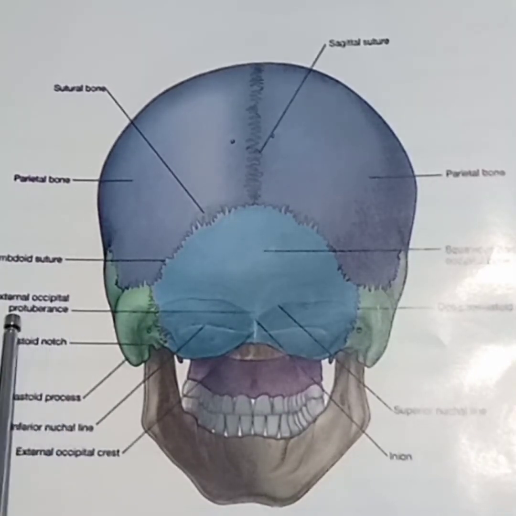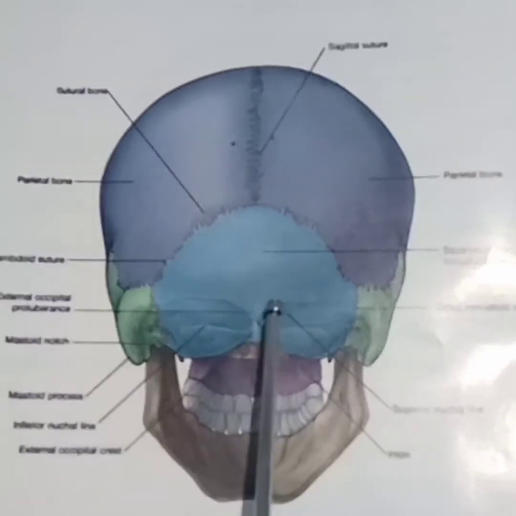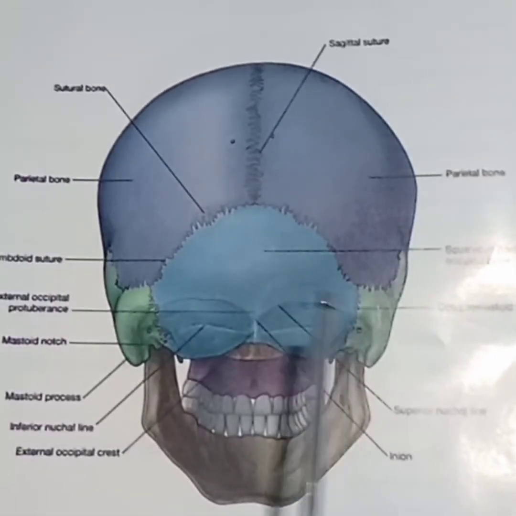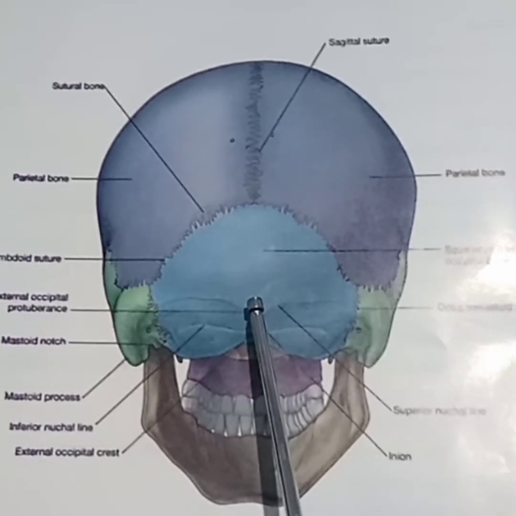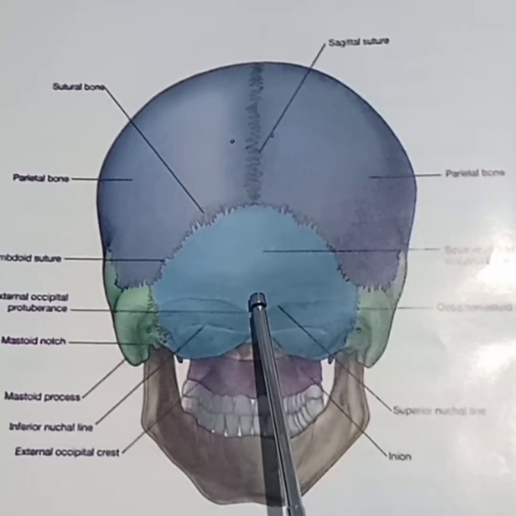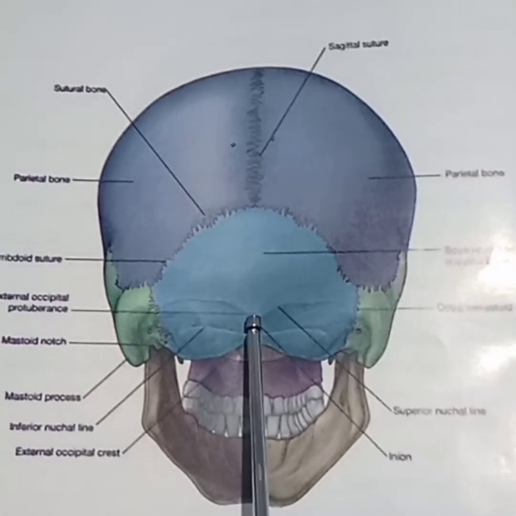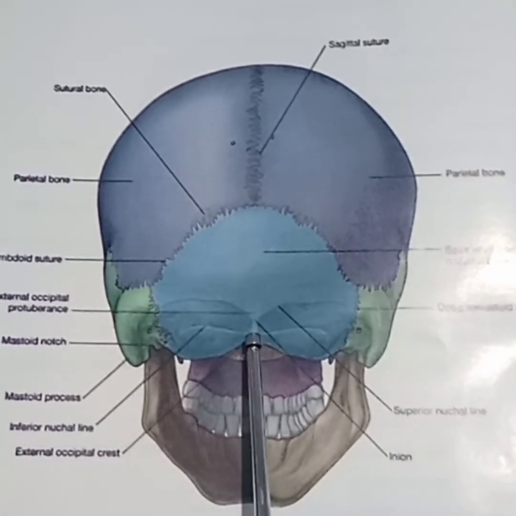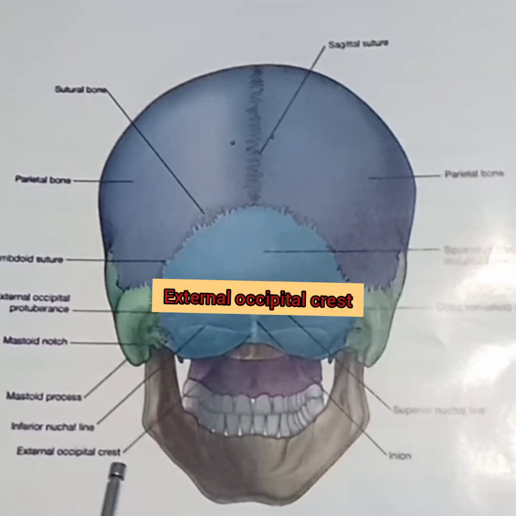Protuberance means a large elevation, and external occipital means that this elevation lies on the outer surface of the bone. Then, from the external occipital protuberance, there is an elevated ridge or line which descends in the midline. This elevated ridge is named external occipital crest.